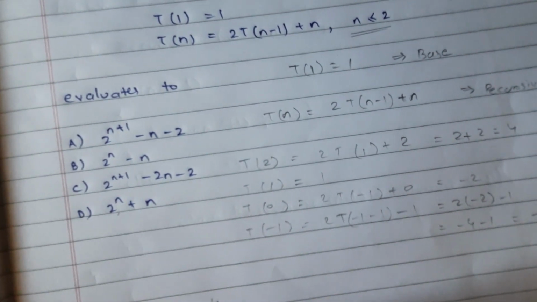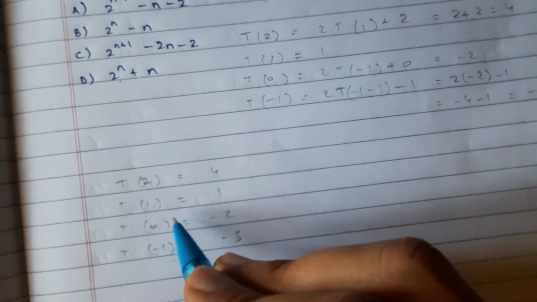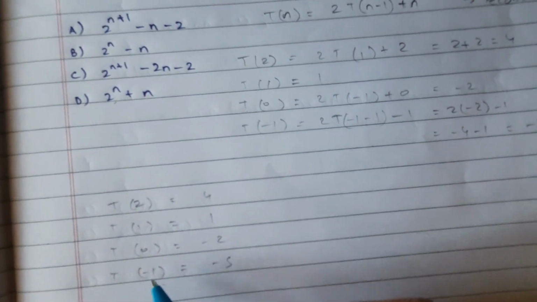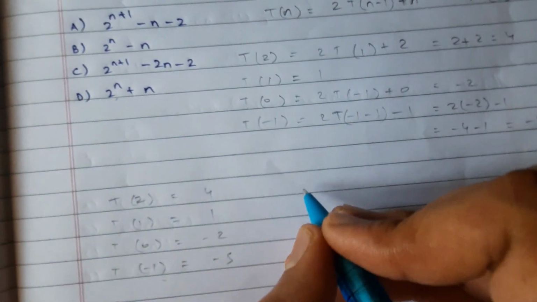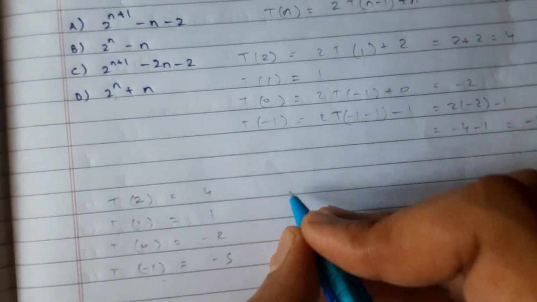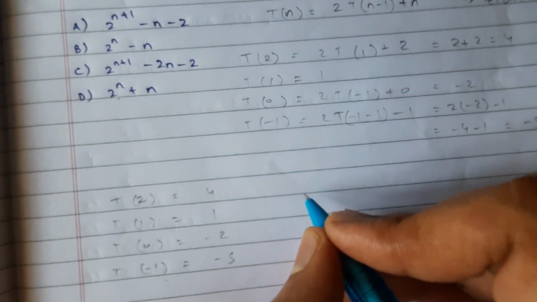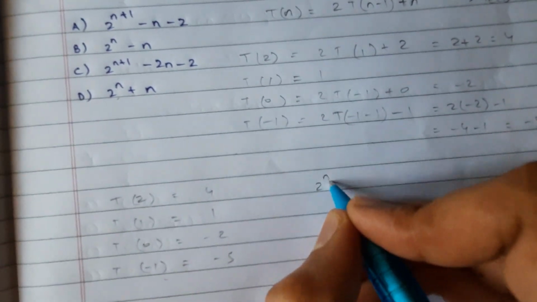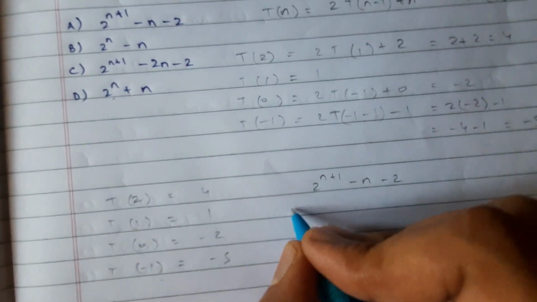Now we will check these values by implementing them into the given options and see which option is applicable for us. So let us implement in the second one, that is 2 raised to n plus 1 minus n minus 2.